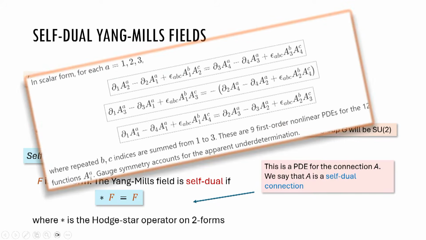So this is not important at all, but that's sort of what the equations look like, for 12 functions of four variables and 9 equations for them.